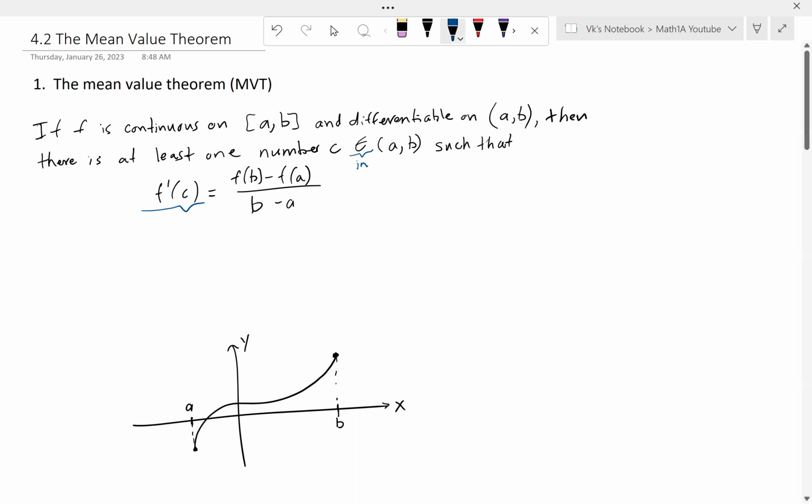f prime c is the slope of the tangent line at c.